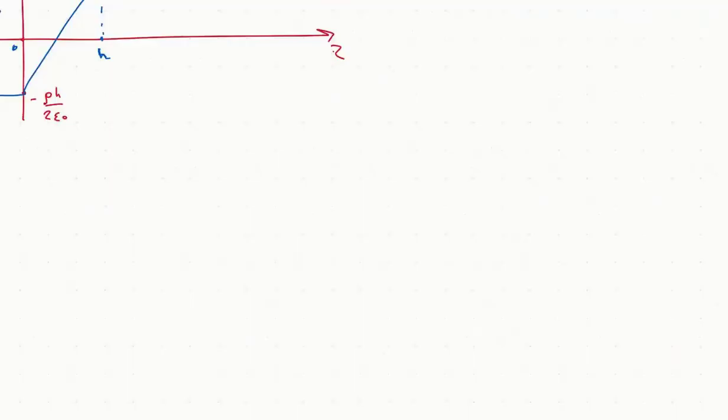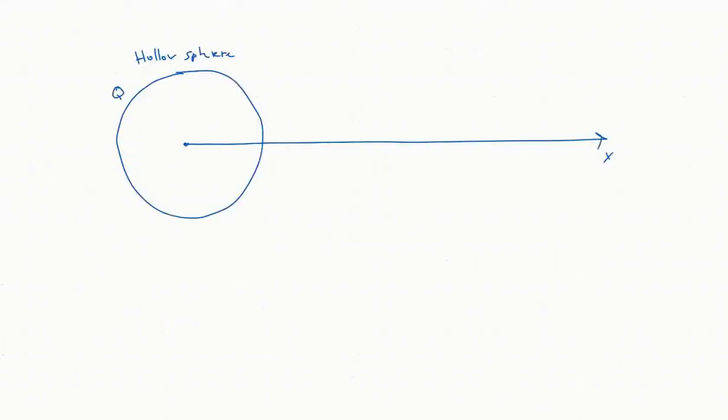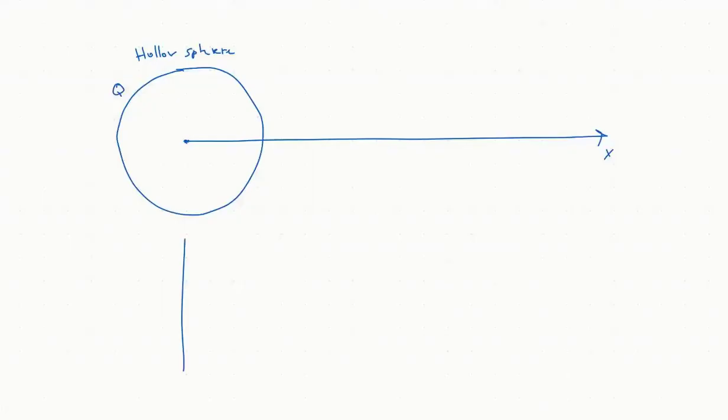If you have a hollow sphere, and this is an important result, let's say this is X, and you have a hollow sphere with charge Q. If you want to draw the electric field, this is the radius of the sphere.